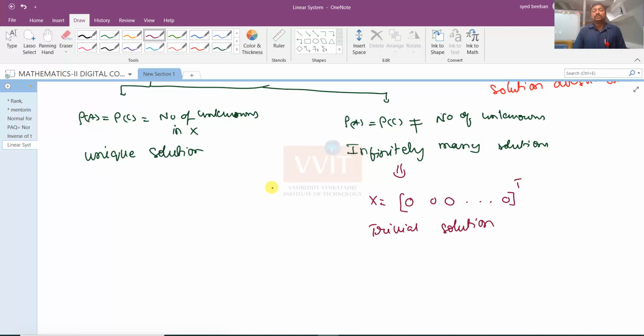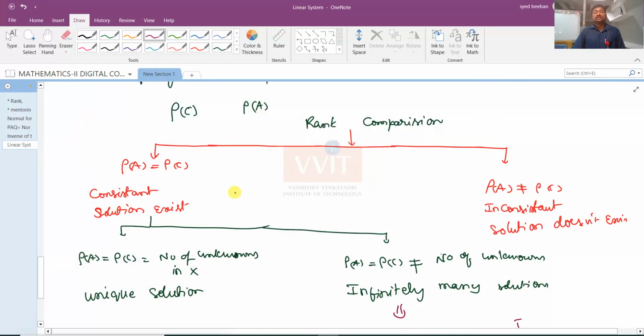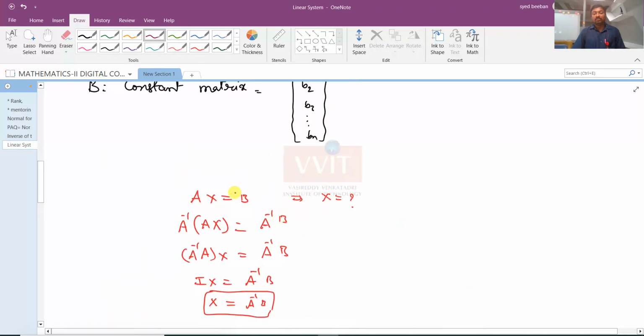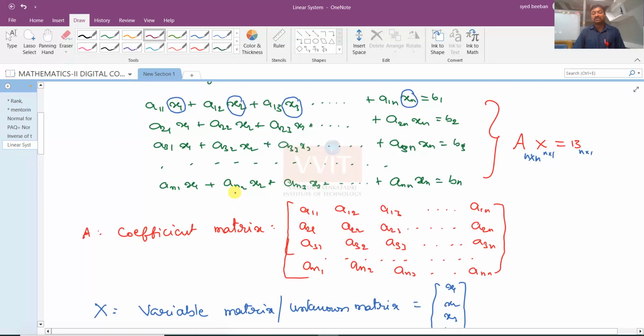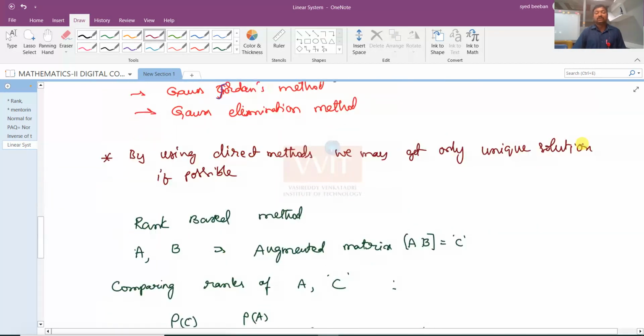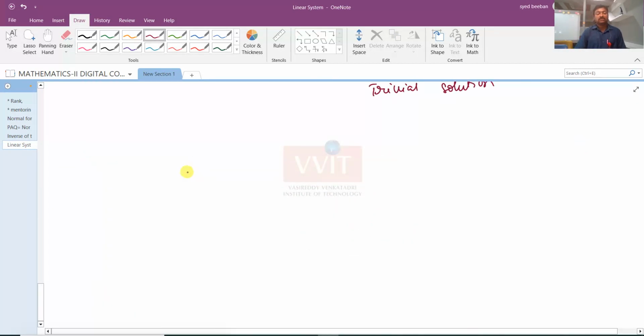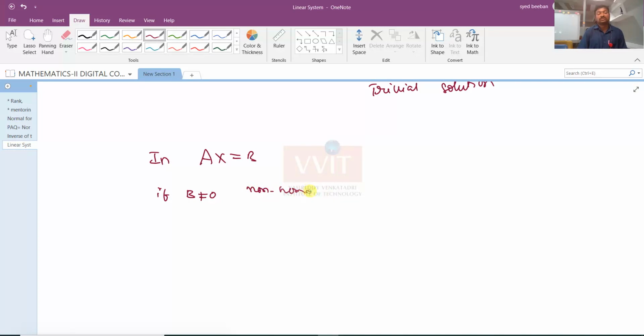Now one more thing we are supposed to check. The linear system is denoted by Ax equals b. If in Ax equals b, capital B is not equal to 0, then the system is said to be non-homogeneous.